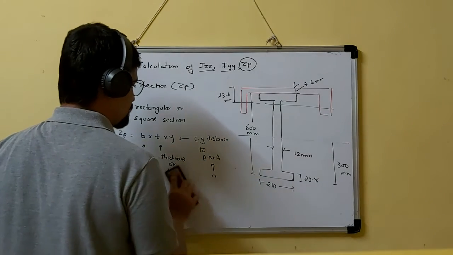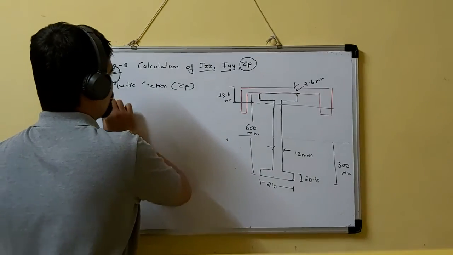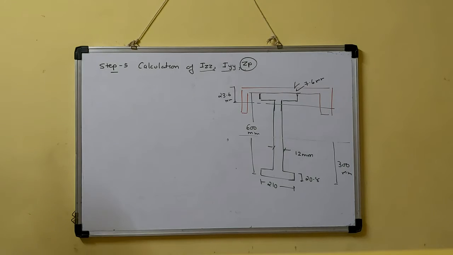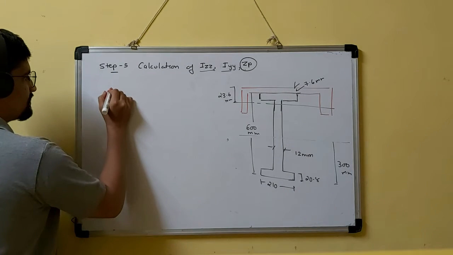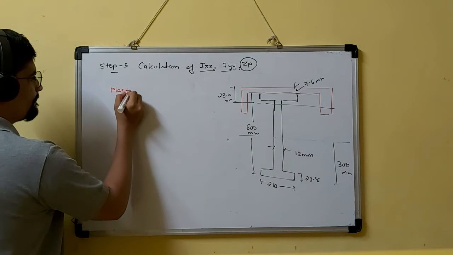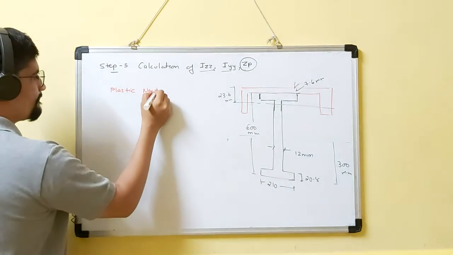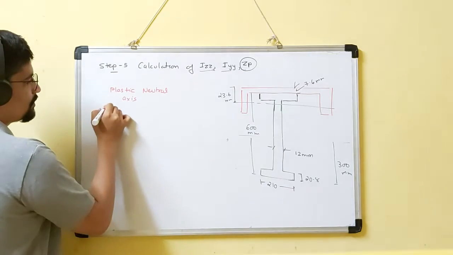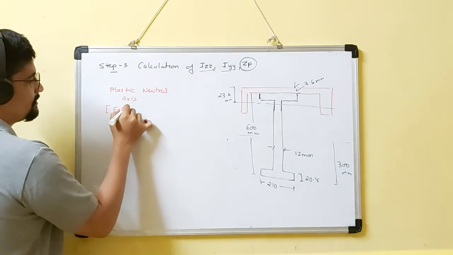Now, what is the definition of PNA? PNA means plastic neutral axis, which is also known as the equal area axis.